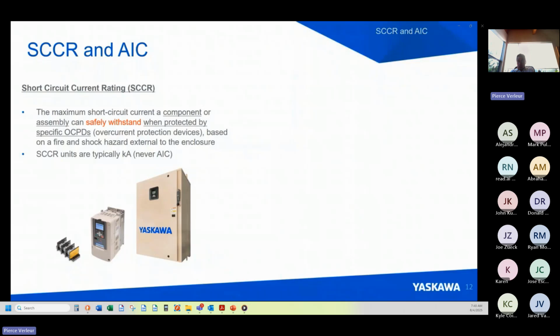The units normally associated with short circuit current rating are kiloamps or amps, never amps interrupting capacity, because these are applied to components or assemblies that are not the kind of devices that would open, such as a circuit breaker or a fuse. So SCCR is applicable to these kinds of devices.